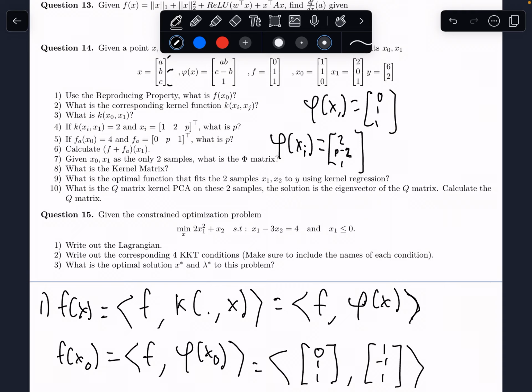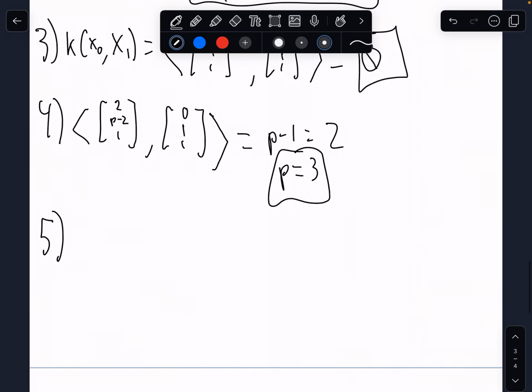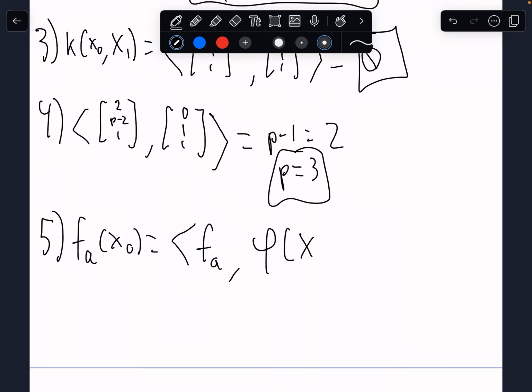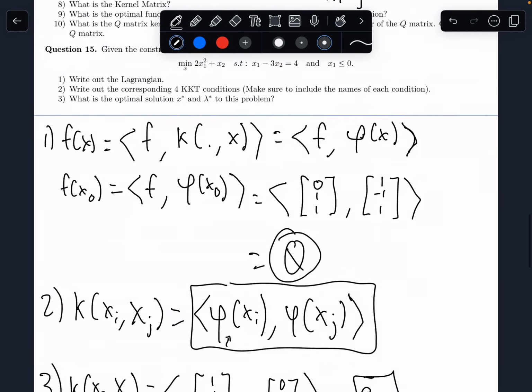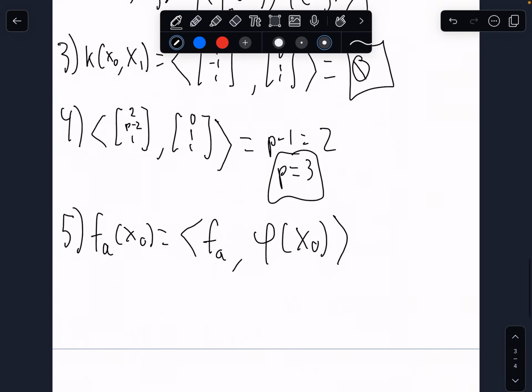All right. Moving along, if fa of x0 equals 4 and fa equals 0, p, 1 transpose, what is p? This is just saying the statement fa of x0 is equivalent to the inner product of fa and phi of x0. This is using the reproducing property, right? Because you see how f of x0 is equivalent to the inner product of f and phi of x0.